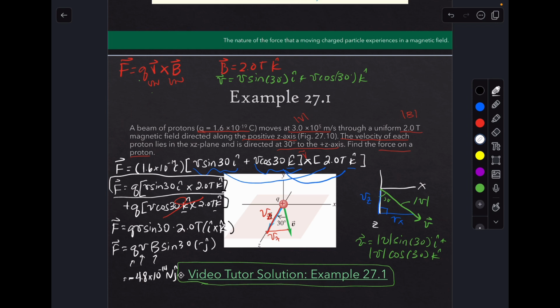The negative sign you can either put here, or you can put it with the J direction. In other words, this is also true.